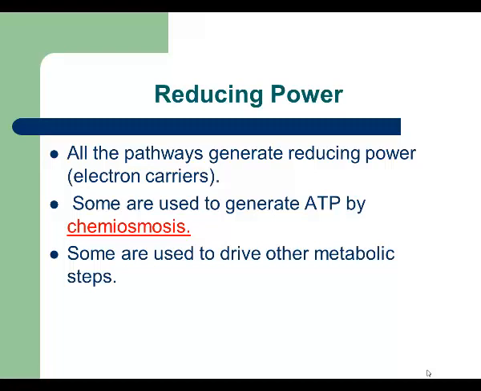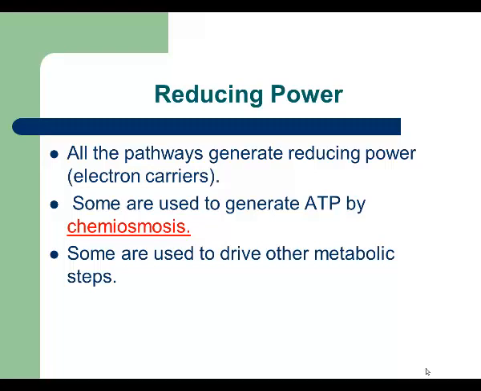Alright, we are done with catabolism, the second metabolic task. Before we continue talking about metabolic tasks, let's once again talk about how cells make ATPs, or adenosine triphosphate molecules.